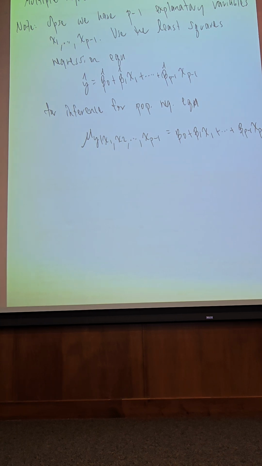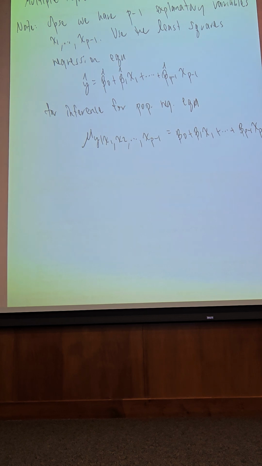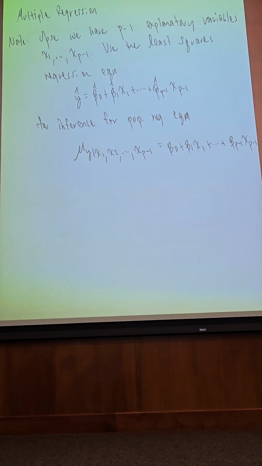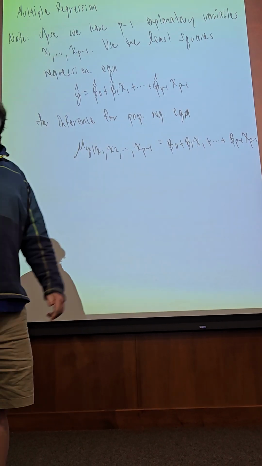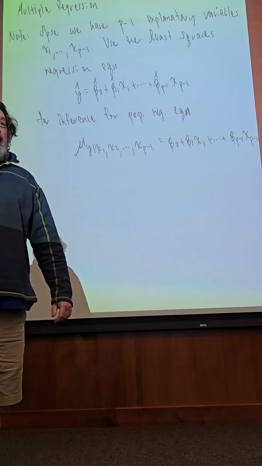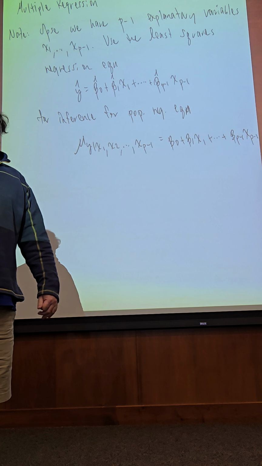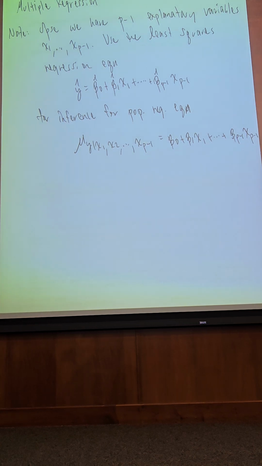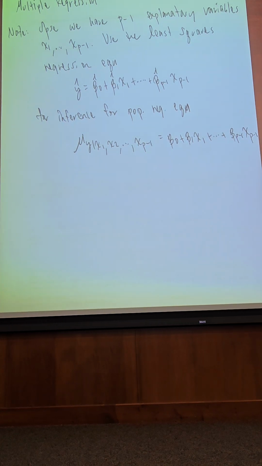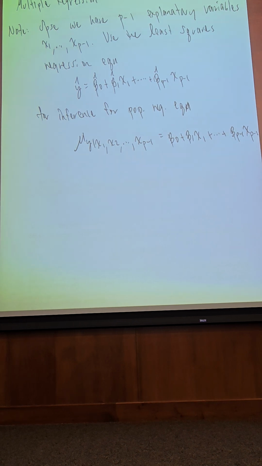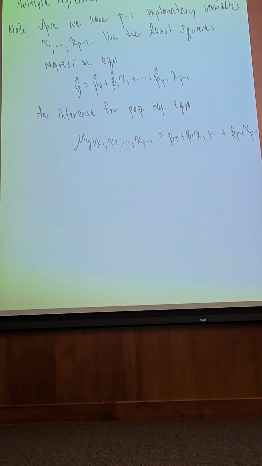Okay, now here's the thing that's going to make your mind explode. What dimensional space will I be working in if I have three explanatory variables? You're working in four-dimensional space. And as a human being, are we able to visualize four-dimensional space? The answer is no, we can't. And so when you think about what we're doing, you're fitting a hyperplane through a cloud of points in high-dimensional space.